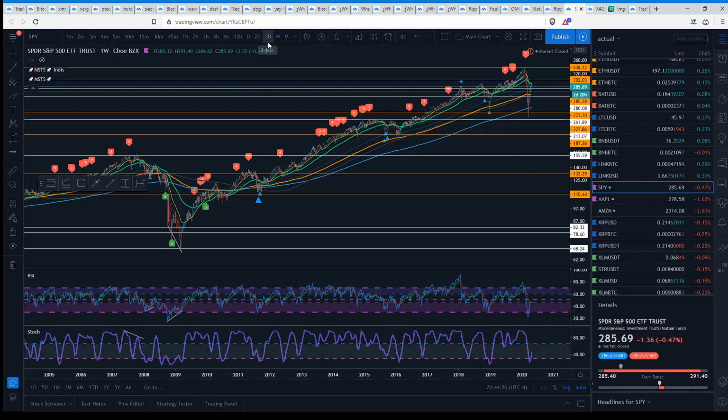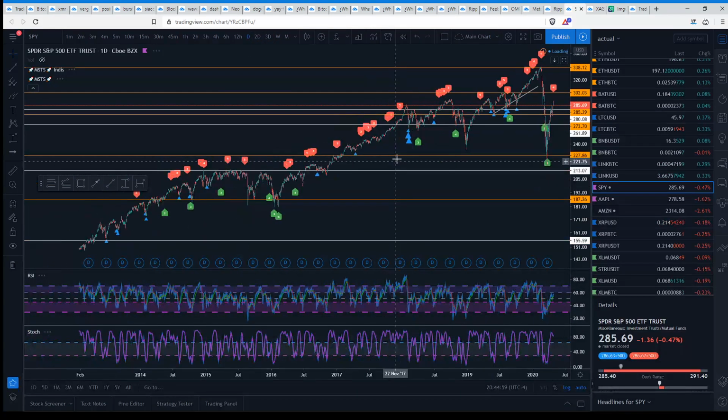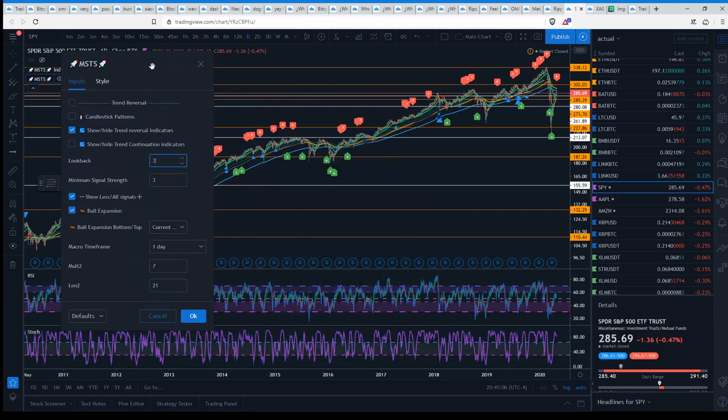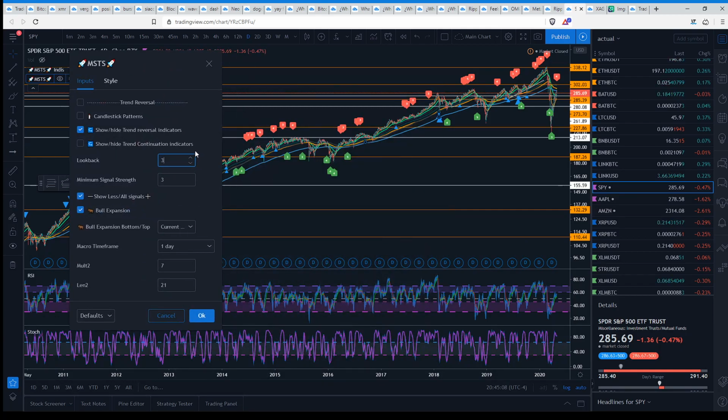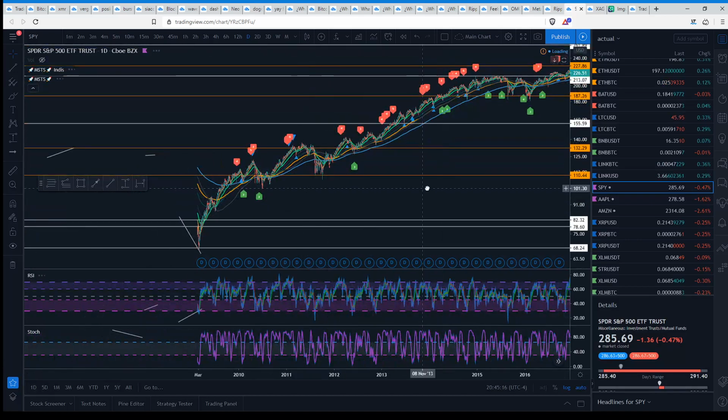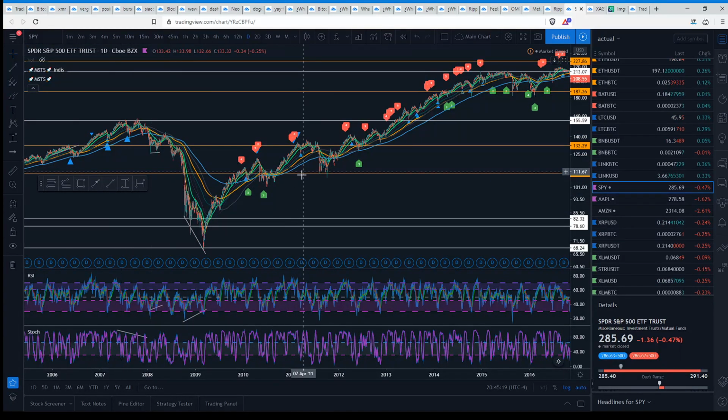Let's try lower time frames. So the lower the time frame, we should adjust this. Okay, this seems pretty good. Now we're doing this on the fly, so bear with me.